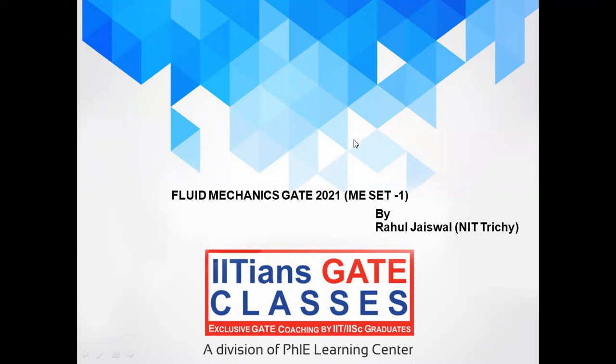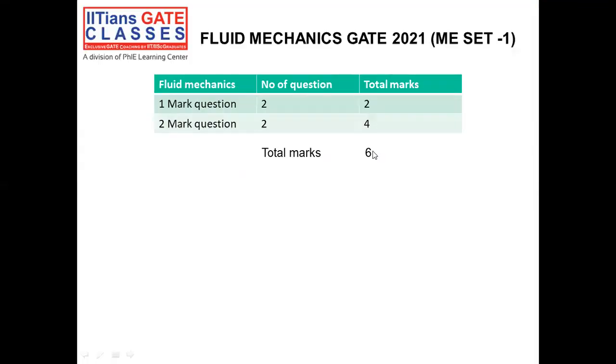Now coming to the number of questions and the pattern of the questions that were asked in the paper. The total number of 1 mark questions was 2 and the total number of 2 mark questions was 2.